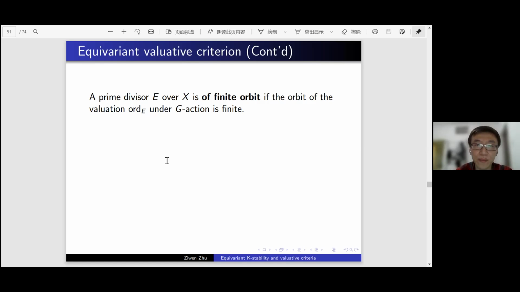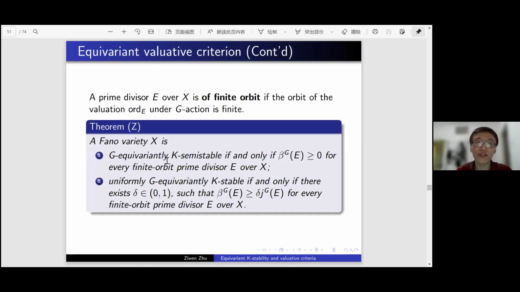Then I have this result, the equivariant valuative criterion, a parallel result characterizing equivariant K-stability. The proof and the statement are very similar to the original ones.